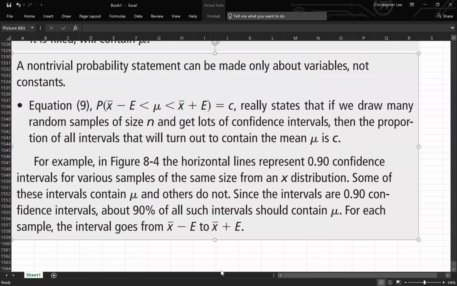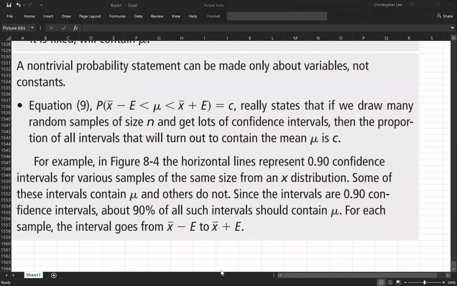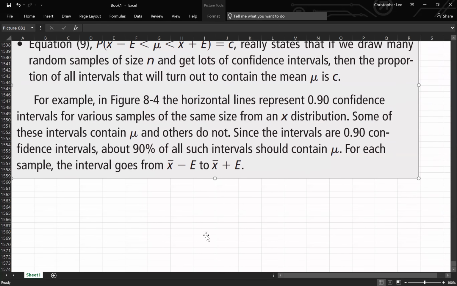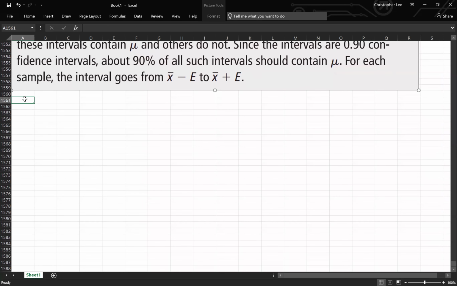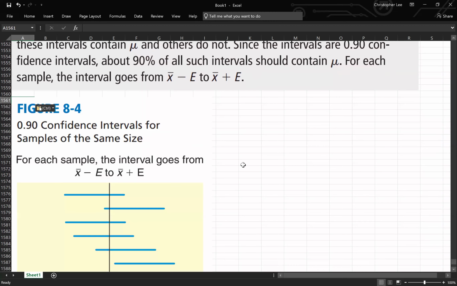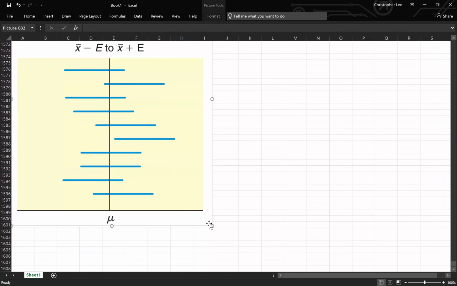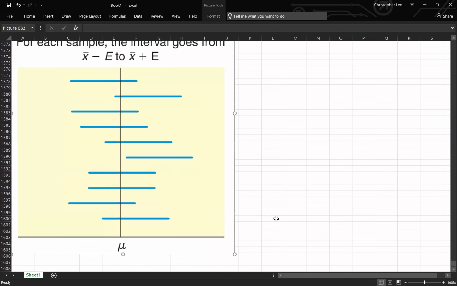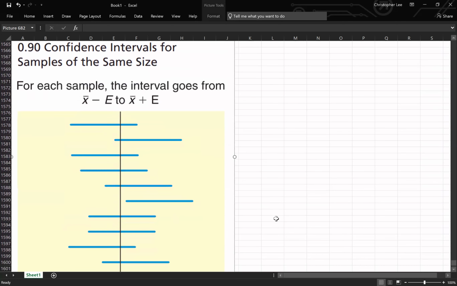So let me just show you guys graphically real quick what I'm talking about here. This is really, really dope. So I don't know what the population mean is, but from here, I can actually estimate it.